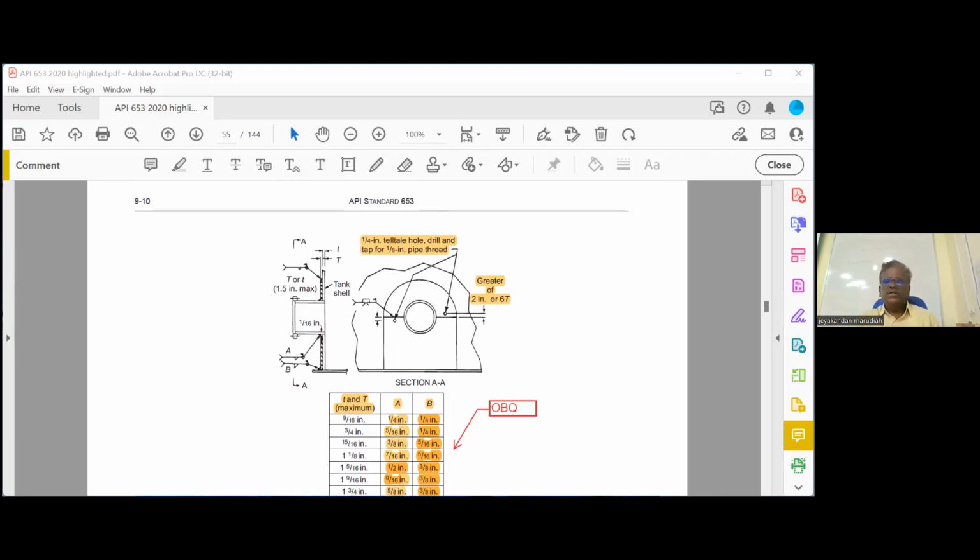Now, understand this sketch. You have a shell, and this is the shell to bottom weld. We have a fillet weld like this. Now you want to attach a reinforcement plate from here. How will we attach a reinforcement in this location?